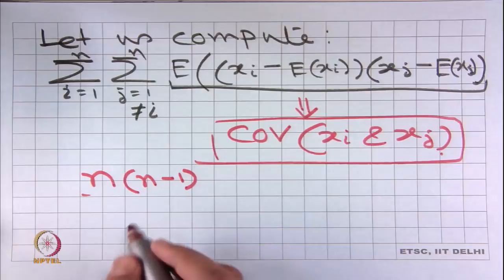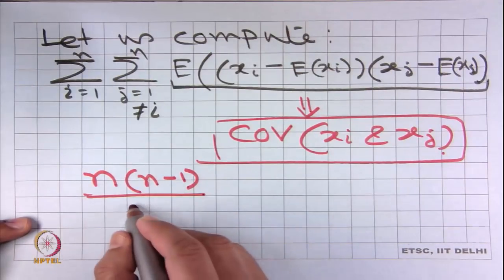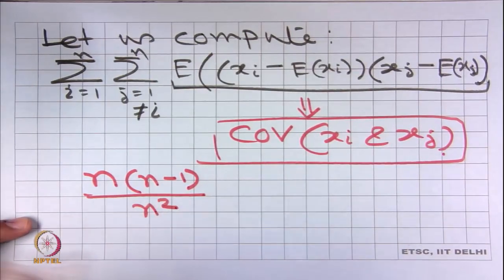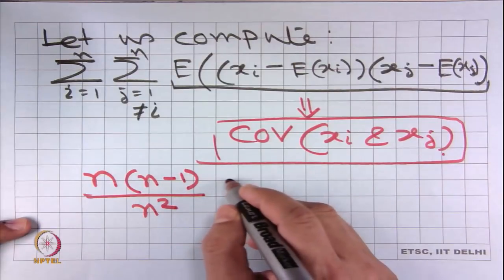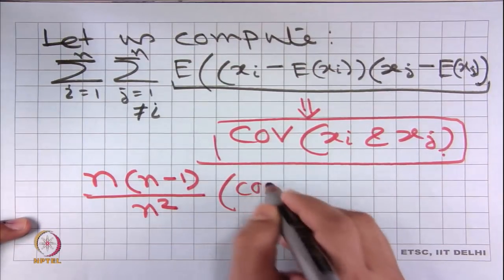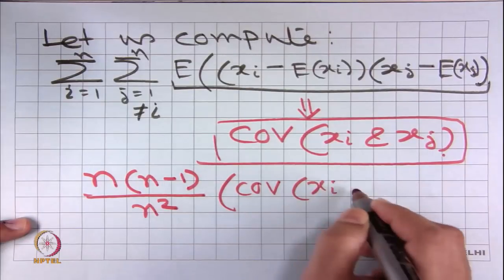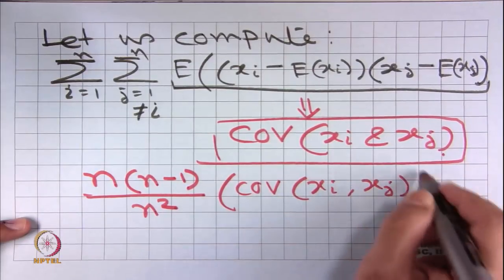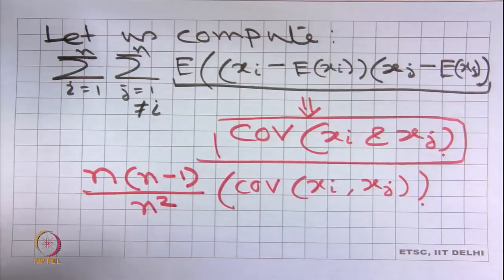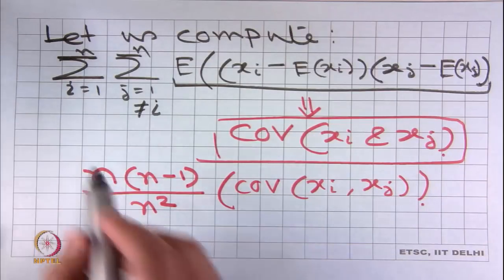Already we have a factor 1 upon n square. Now, what we are trying to write here is the covariance of xi xj. All right. So, this is the term that we need to figure out.